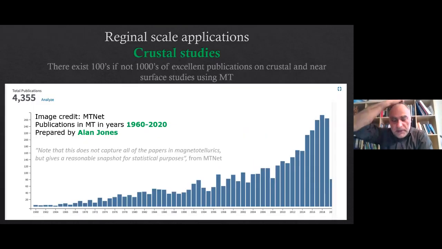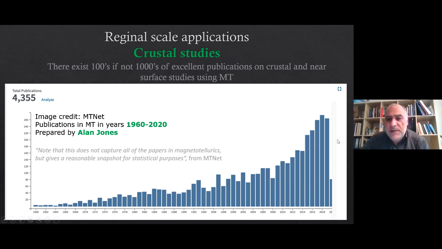Now, going a little bit shallower and considering crustal studies, in my understanding, there exist hundreds, if not thousands, of excellent publications on crustal and near surface studies using MT. I found this very interesting chart published on MTNet, prepared by Alan Jones, and it shows these publications between 1960 and 2020.